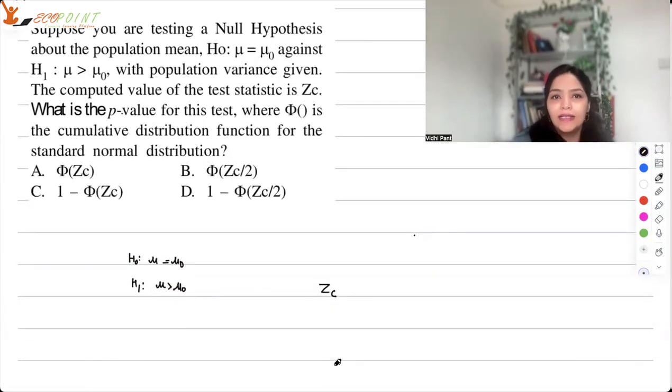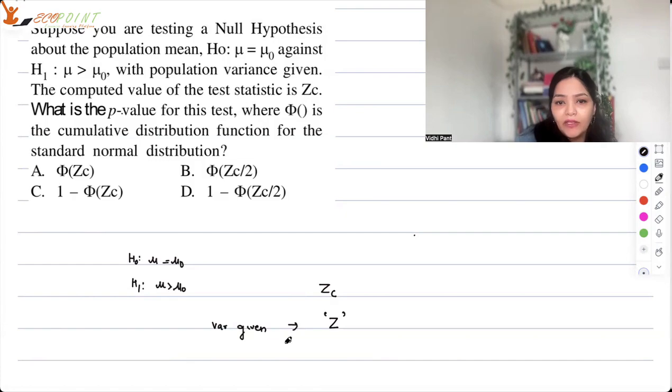Since you are testing mean and variance is given, this has to be the Z statistic case. You will be using the Z statistic to work on that hypothesis. This is a one tail test, because your alternate hypothesis is mu greater than mu naught, so right tail test.